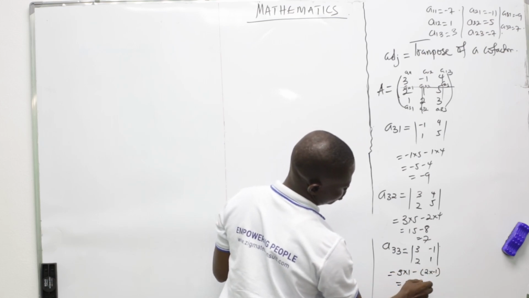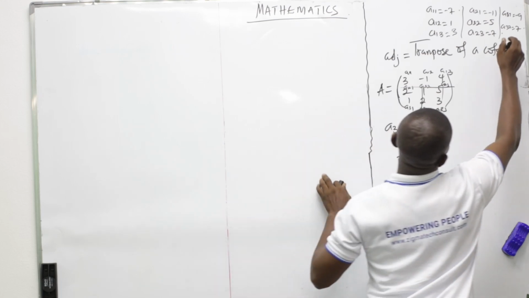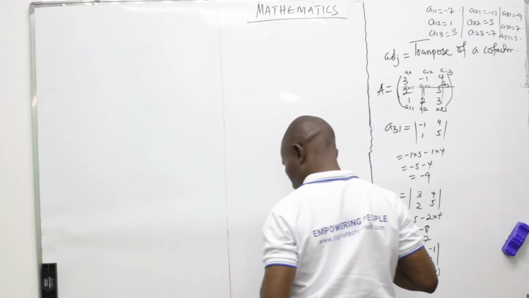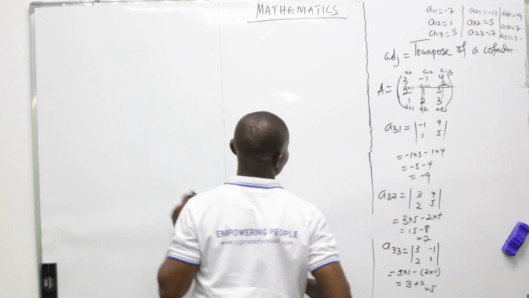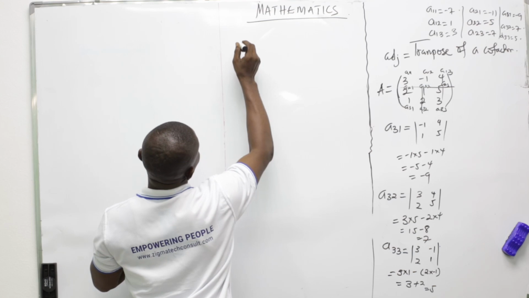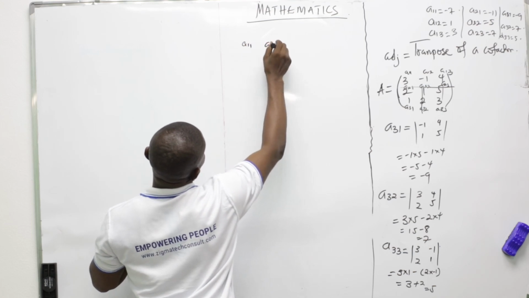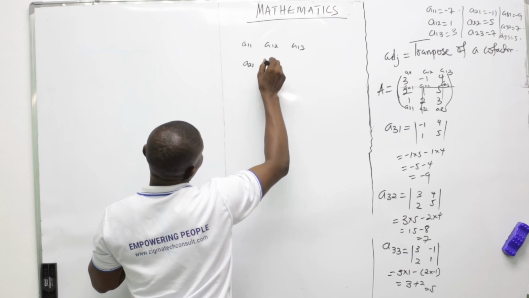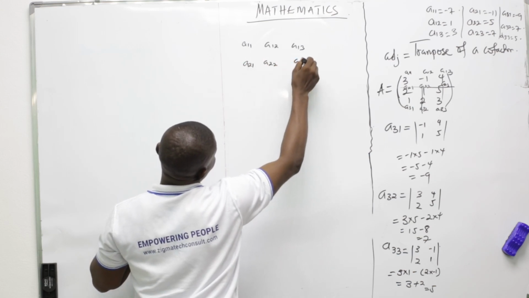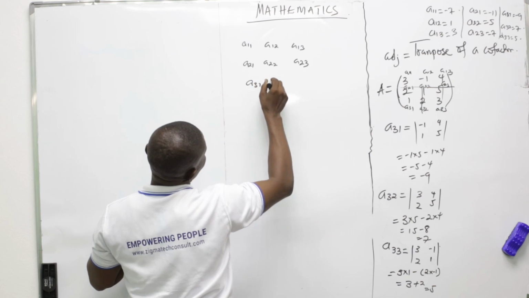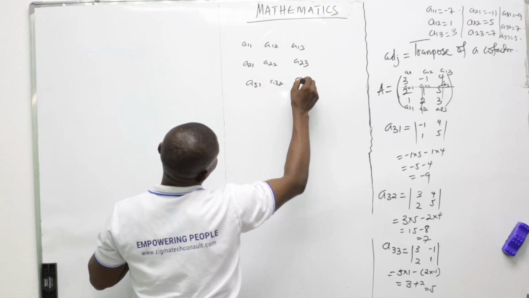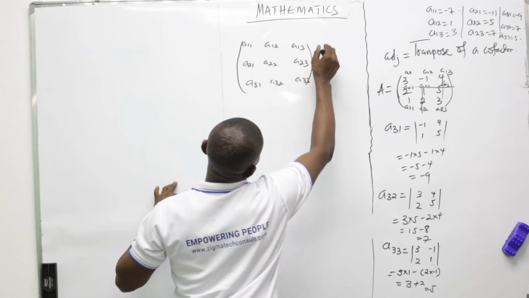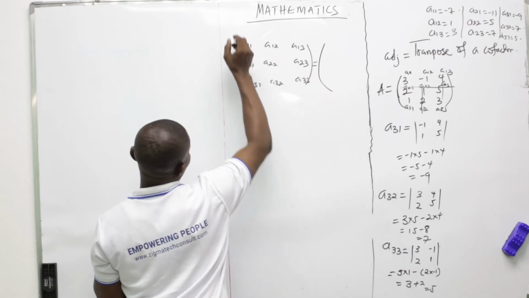This is 3 plus 2 equals 5. So A33 equals 5. Okay, arrangement of our solutions. That is A11, A12, A13, A21, A22, A23, A31, A32, A33 equals the minor of the matrix.